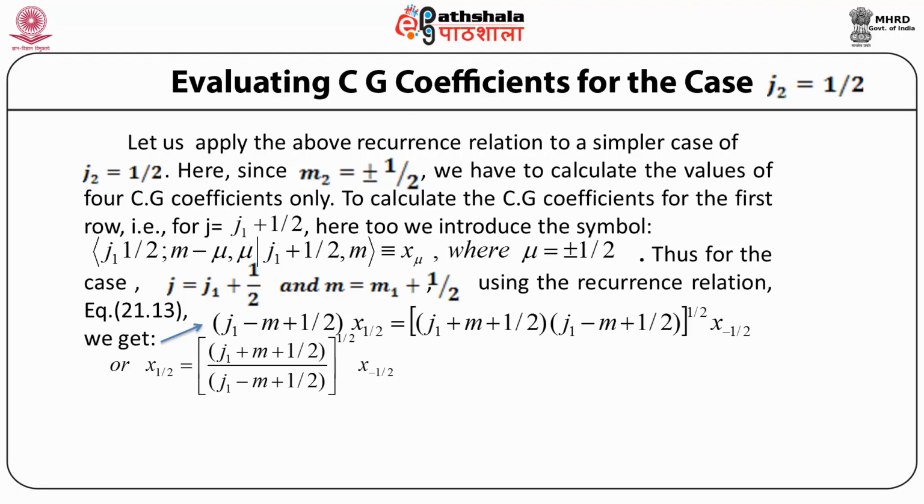Thus, for the case j equals to j1 plus half and m equals to m1 plus half, using the recurrence relation equation 21.13, j1 minus m plus half into x half equals to j1 plus m plus half into j1 minus m plus half to the power 1 by 2 into x to the power minus 1 by 2, or x to the power 1 by 2 equals to j1 plus m plus half by j1 minus m plus half whole to the power half into x minus half.